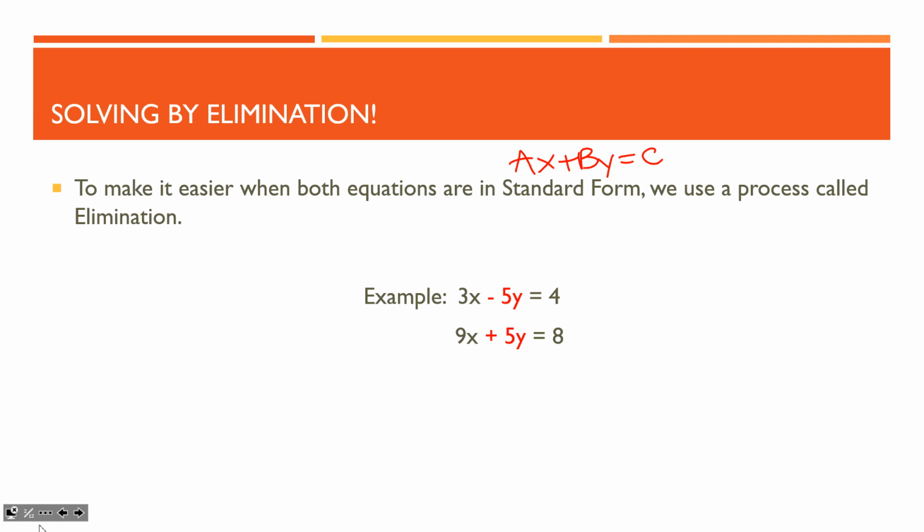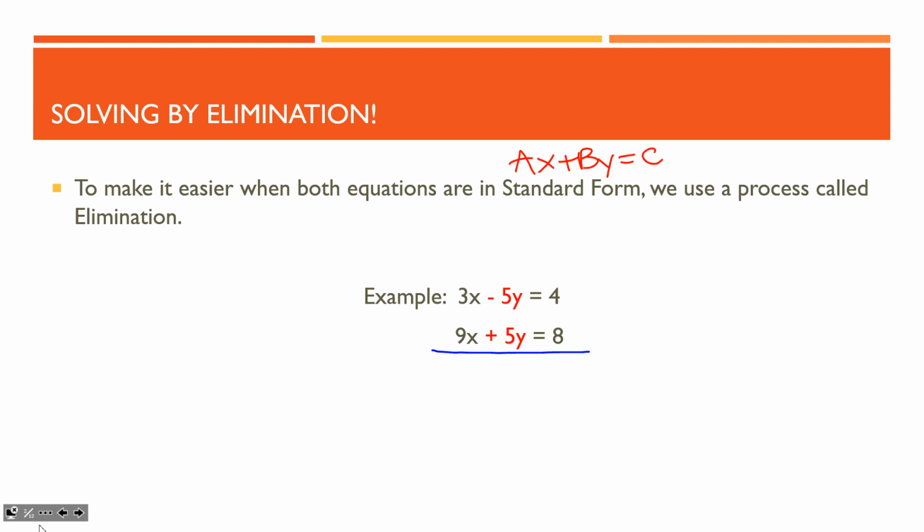So like I said, I'm just going to use elimination. And here's the process. Basically, you're going to take your two equations that are in standard form, ax plus by equals c, and you're literally going to add the two equations together. When I add the two equations together, my like terms are lined up.